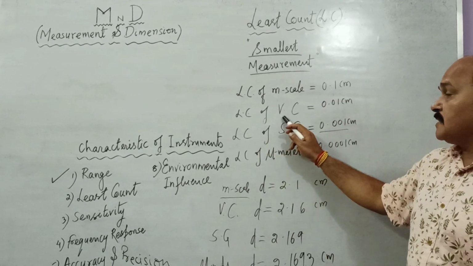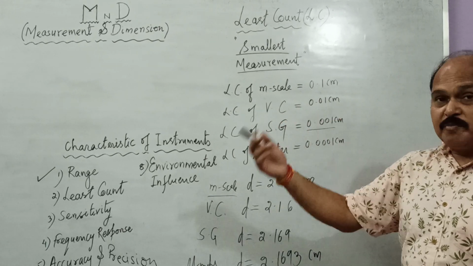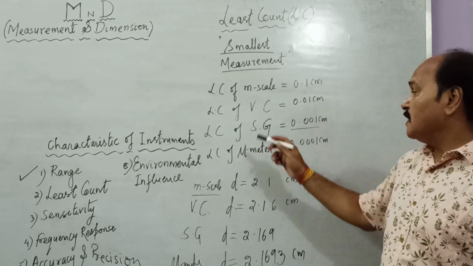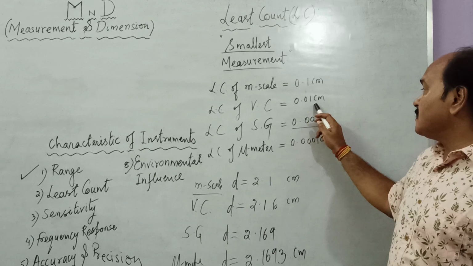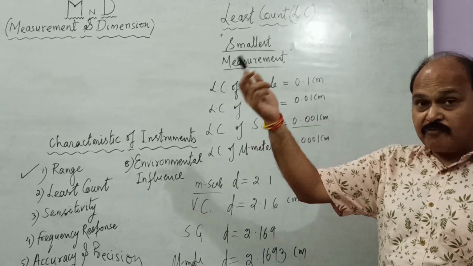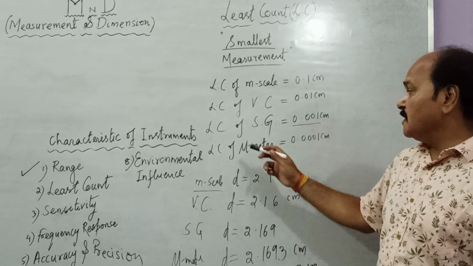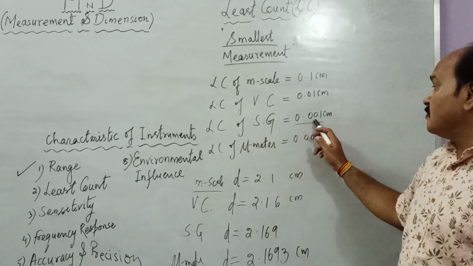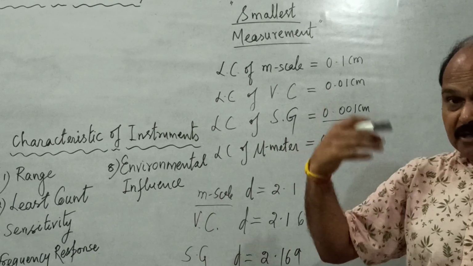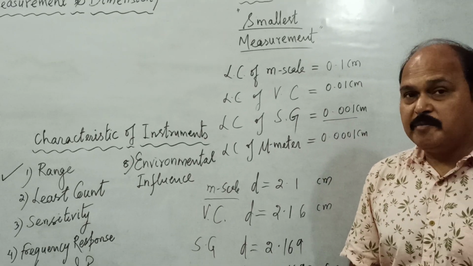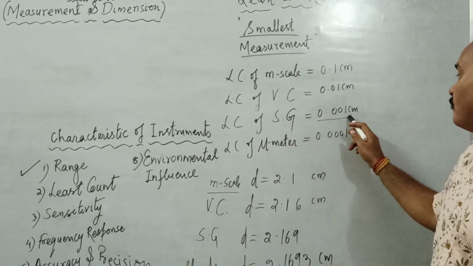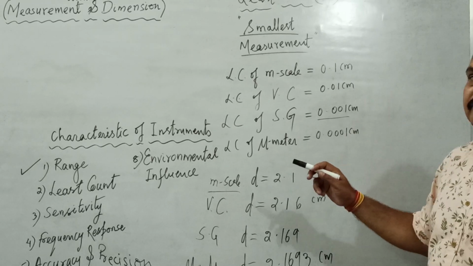Well, vernier calipers is another instrument you are familiar with. Its least count is 0.01 centimeter. That is, it can measure 1/10 of a millimeter. Least count of screw gauge is 0.001 centimeter. It can measure 1/100 of a millimeter or 0.001 centimeter.